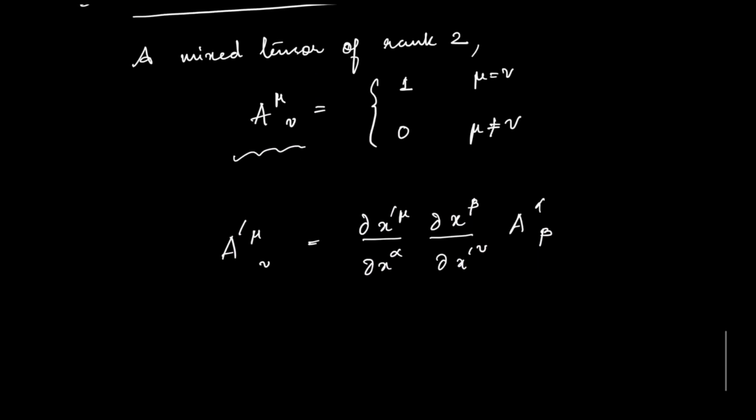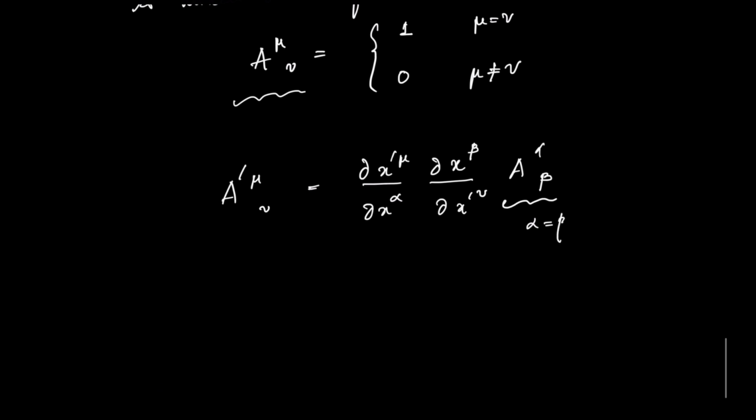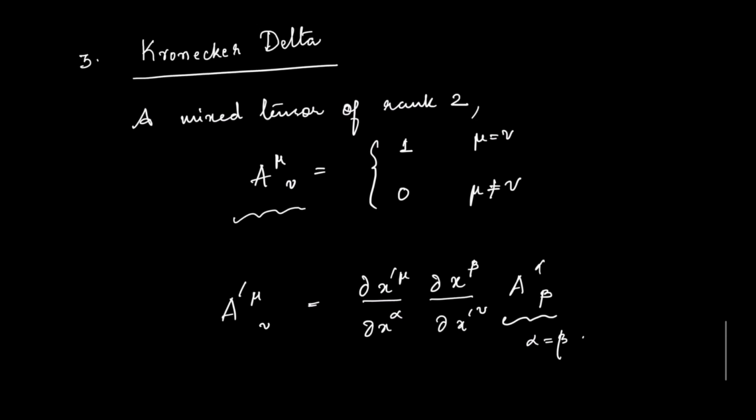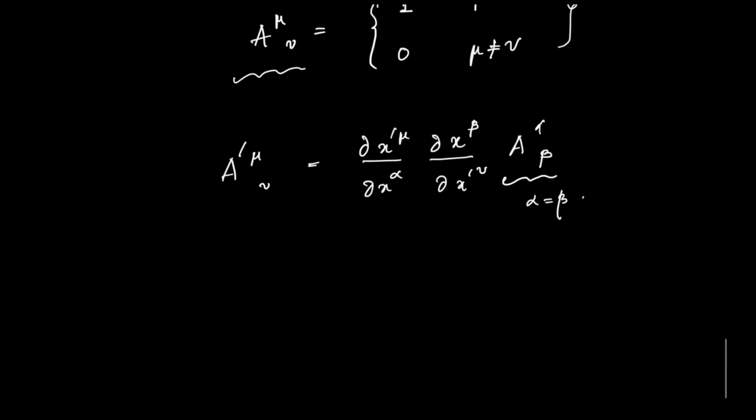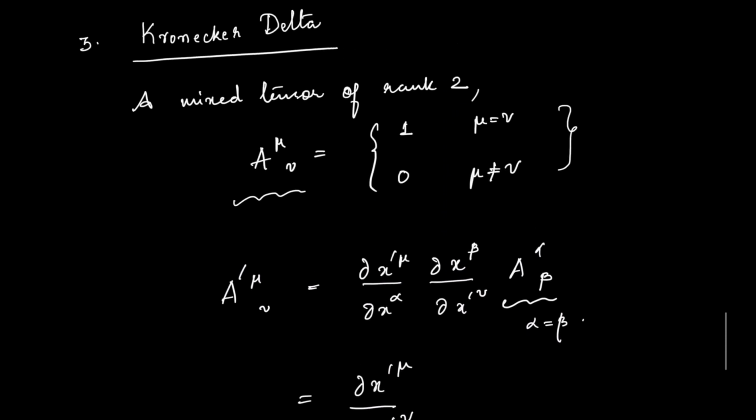But here we know that this A^α_β will survive only if α is equal to β. That is the property of the Kronecker tensor, right? Therefore, if I put α equal to β, then this becomes x'^ν, which has exactly the same value as that attributed to the components A^μ_ν.